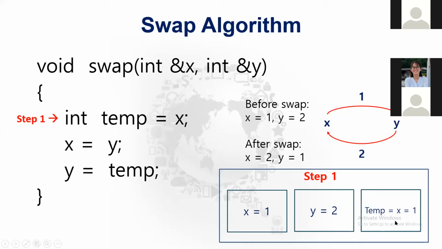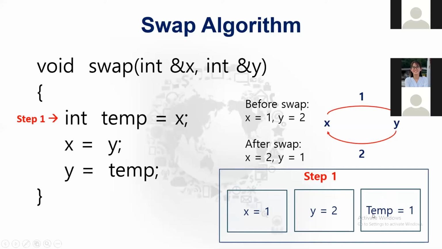So I need a temporary variable; you can think of it as a temporary x to store my x, because later I'm going to replace my y with the x, right? So temporary equals 1.